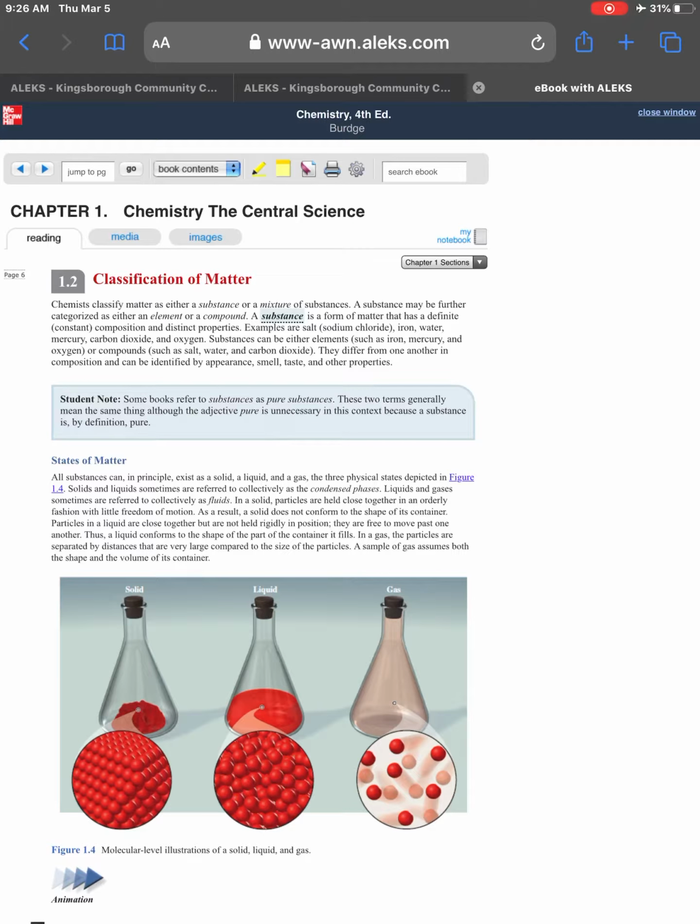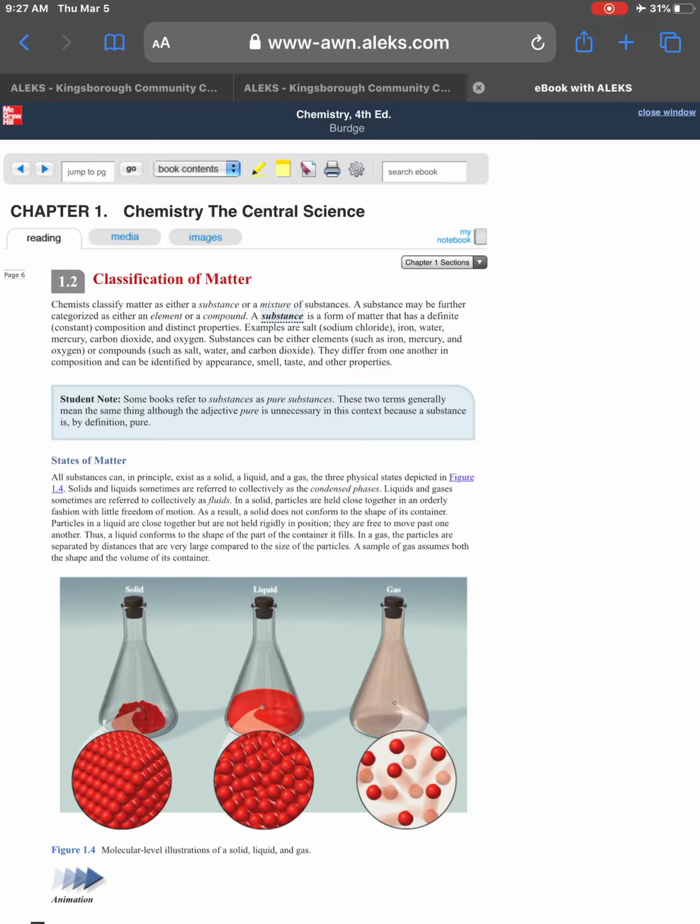Mixtures can be separated by using what we call physical means, for example, boiling or freezing or melting, or filtering. Those are what are called physical methods, and we can use those to separate mixtures into substances. And then if the substances are made up of compounds, we can use chemical methods to turn those compounds into elements. Once we get to elements, we're kind of stuck.